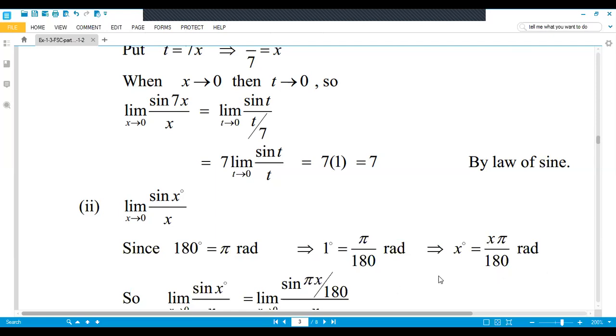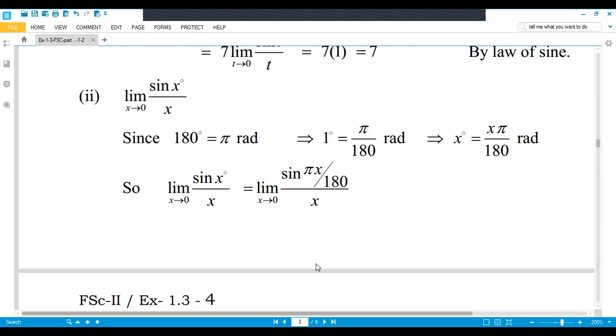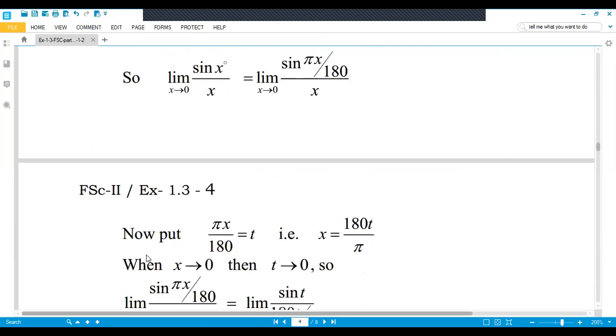Now we put these values. Here we have limit x approaches 0, sine x degree. We already found that x degree is equal to pi x over 180, so sine pi x over 180 divided by x. Here we suppose this theta, pi x over 180, is equal to t.